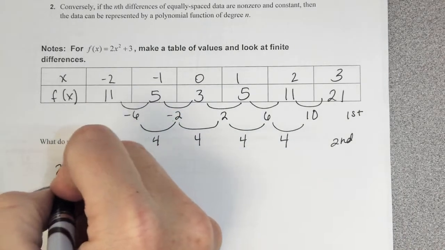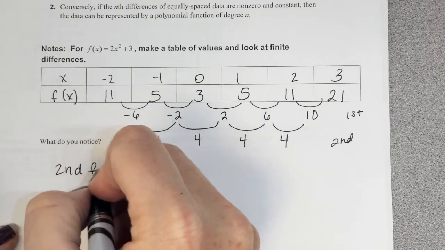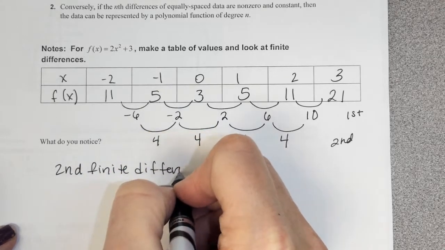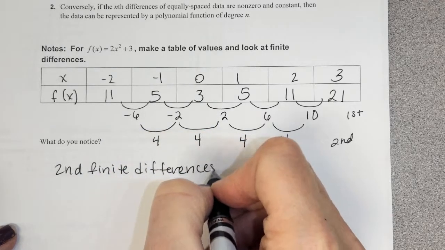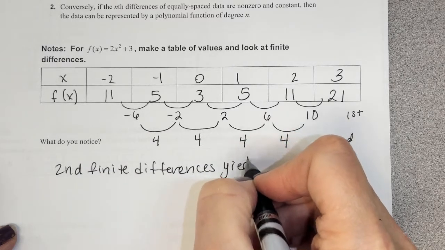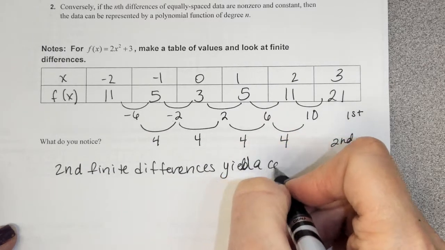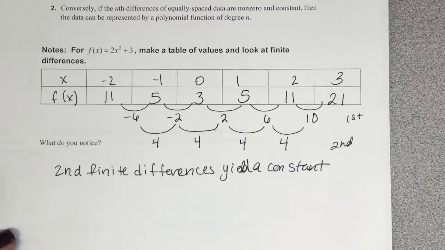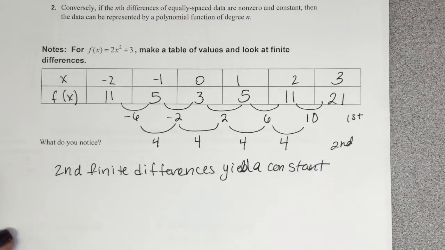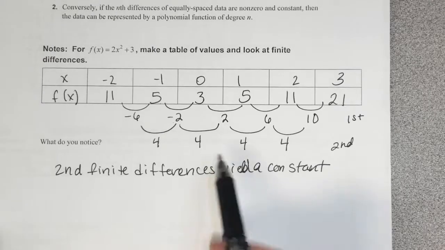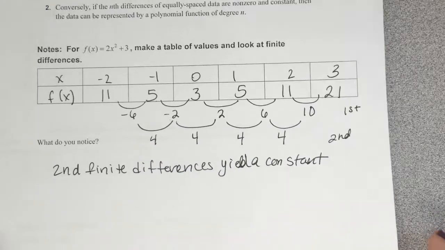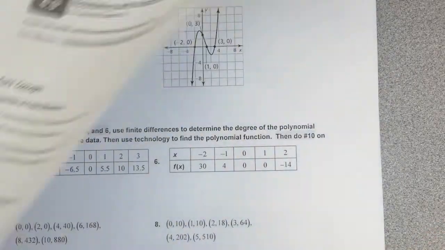So we notice that the second finite differences yield a constant. It took us to get to the second level to get that constant value. That's what's always going to happen in the quadratic: the second set of finite differences will all be constant.